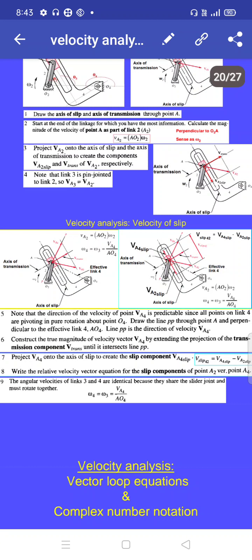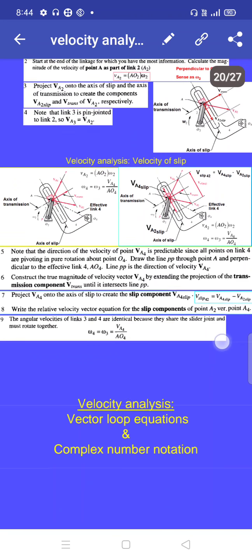Construct the true magnitude of velocity vector VA4 by extending the projection of the transmission component until it intersects line PP. Project VA4 onto the axis of slip to create the slip component VA4 slip. So V slip 42 is equal to VA4 slip minus VA2 slip.